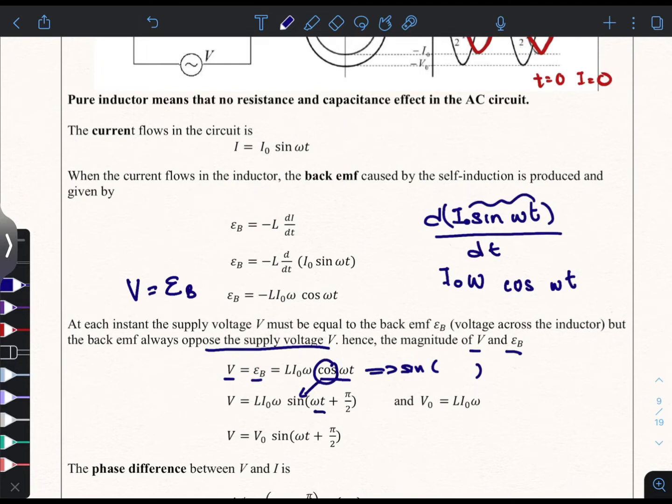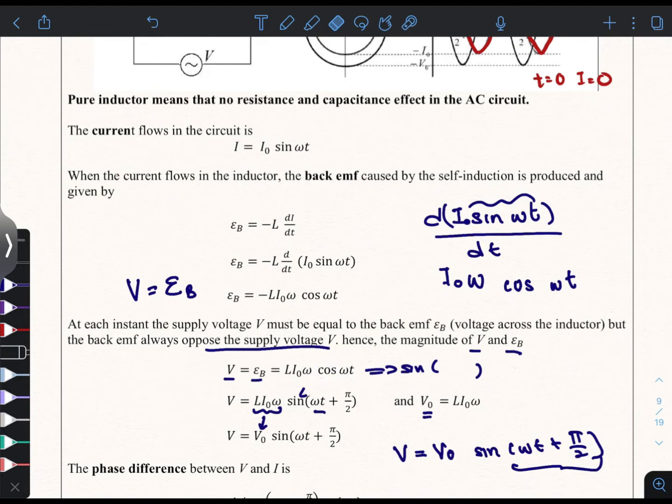So V naught here is known as L I naught omega, so this whole term now becomes your V naught. So the supply voltage equals V naught sine of omega t plus pi over 2. Ini kita dapat sebab kita ada equation yang cos dekat sini. You have a cos equation here.